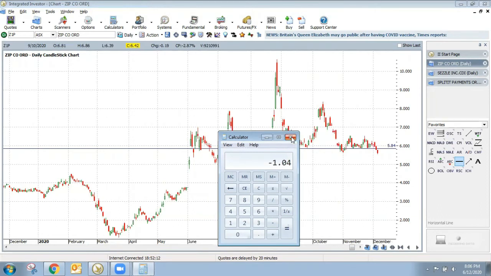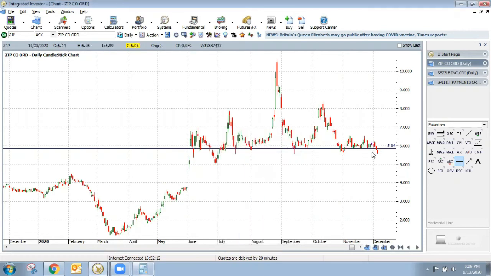And I think Neville was the one who said, well, $1.04 for the actual target there. It's an extreme target. But that was a target that I personally calculated as a potential target for ZIP should the neckline fail and it actually goes back up, tests it, and then goes back down, or it just shoots right through. So that would be around about down to here, down to about $1.04.